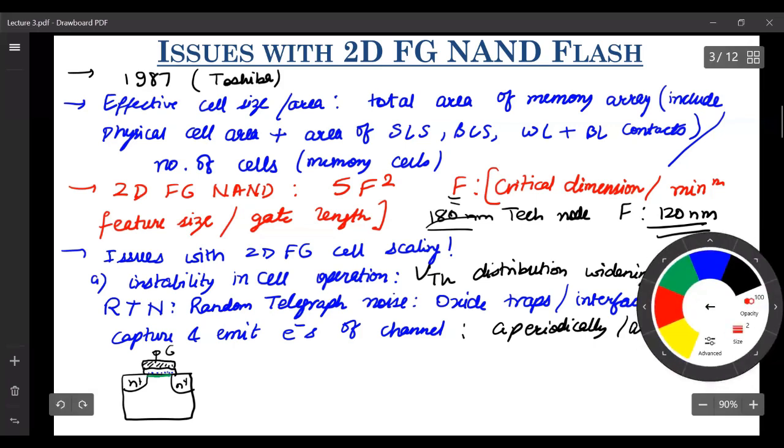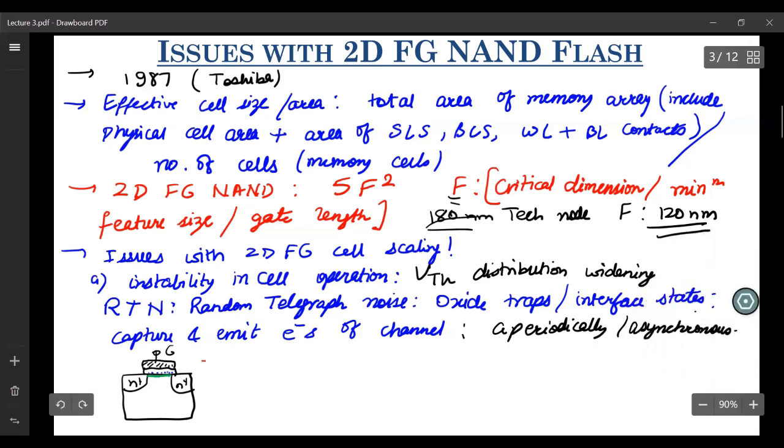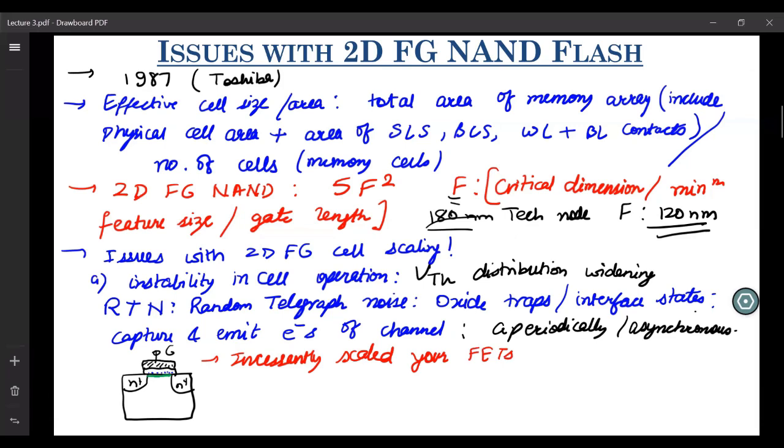Let me write this. So if you have incessantly scaled your field effect transistors, and even NAND flash memory can be represented as a FET, with a storage layer in the gate stack on top, so whatever is applicable to FETs is also applicable to your 2D NAND flash cells.